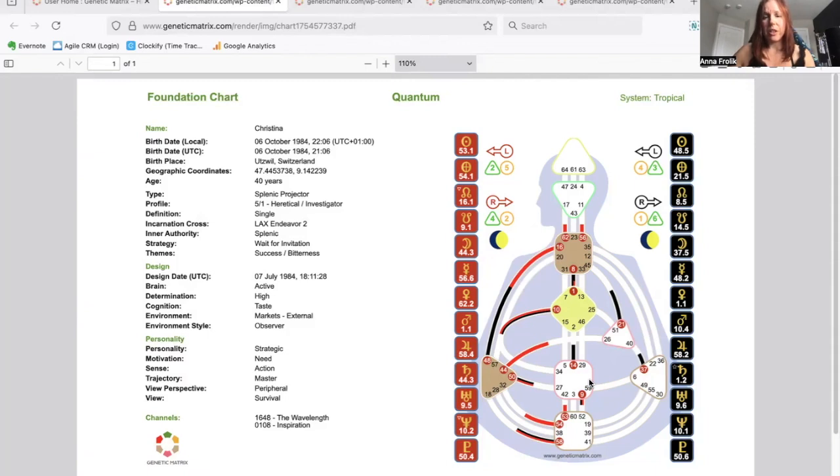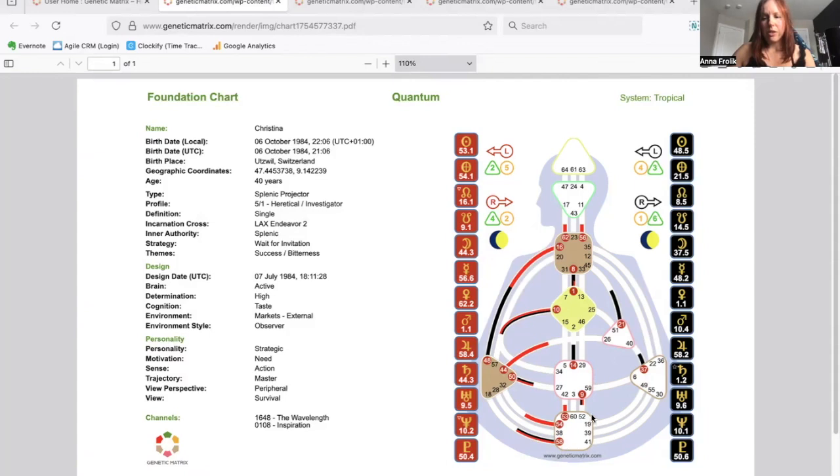When you start feeling tired, it's important for you to get the rest you need, while generator types can keep going, basically, if they're enjoying what they're doing, and keep going until they're exhausted, and then they've spent the energy, they need to rest as well. But for any non-energy type, so projectors, manifestors, and reflectors, it's always important to remember that you do need more rest.